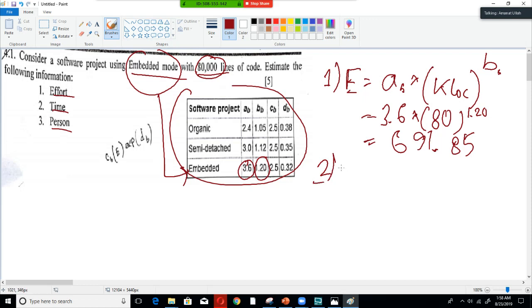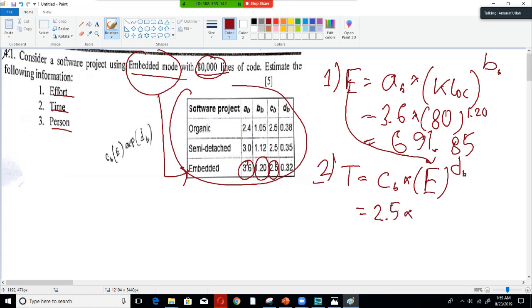So for basic COCOMO, the time is c_b into E to the power d_b. Here we'll use the value of E, and for embedded mode the value of c_b is 2.5, so we write 2.5 over here, and we'll use 691.85 to the power 0.32.